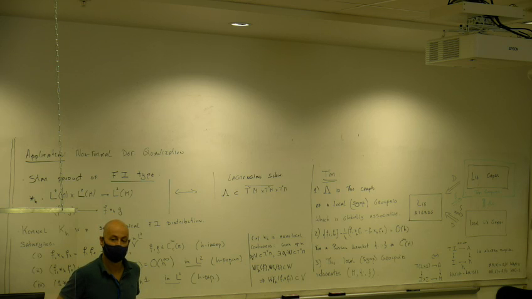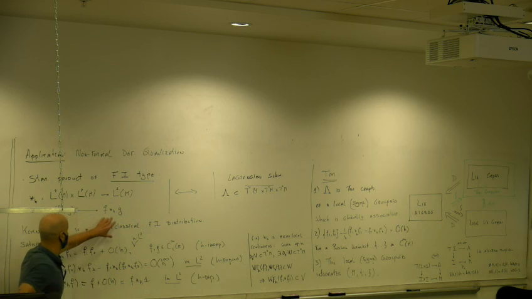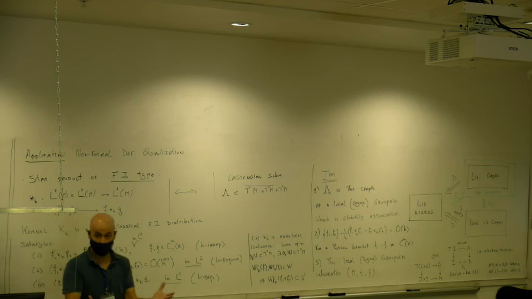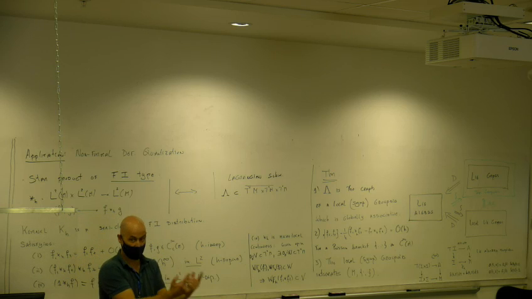What makes these star products non-formal, or the deformation quantization non-formal? Well, because it's an operator. In the formal setting, you give a pair of functions and you get a power series in H, not an honest function, which in general doesn't converge.